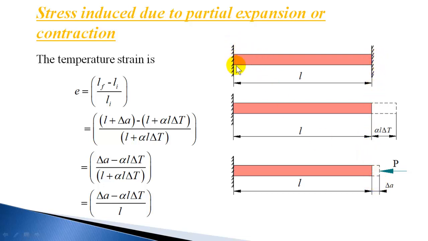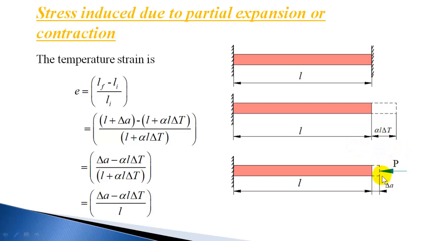So assume this is a rigid support, and while heating, when the bar tries to expand, the support is moving by a small amount delta A. So much expansion is permitted, but the bar is trying to expand by alpha L delta T. So much is not permitted, it permits only delta A. So this is a natural state, or you can consider this as an initial state, and again compressive stress is induced because it is not allowed to expand freely.